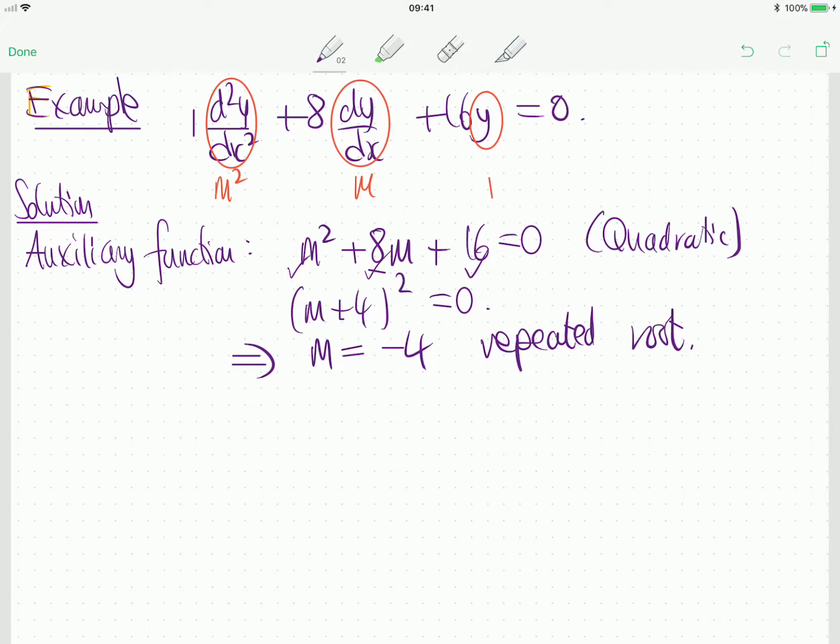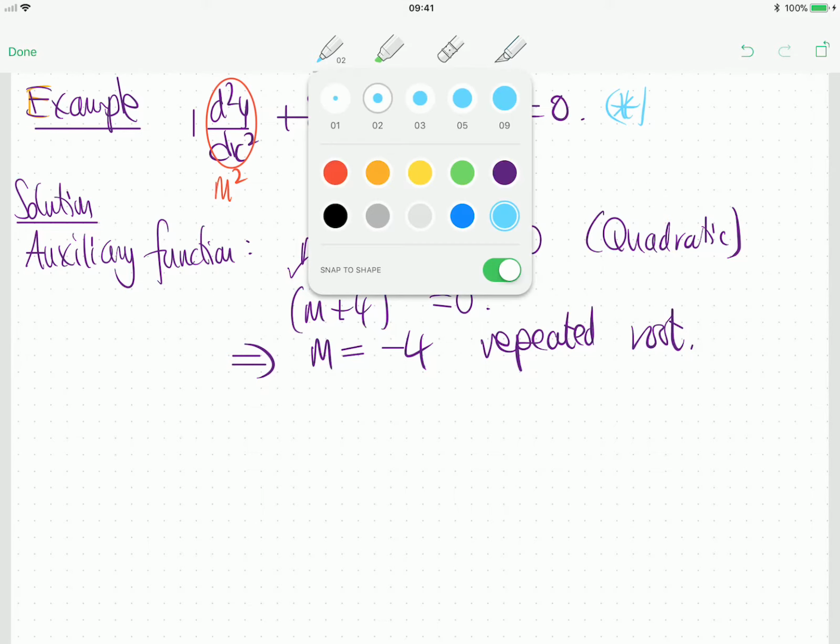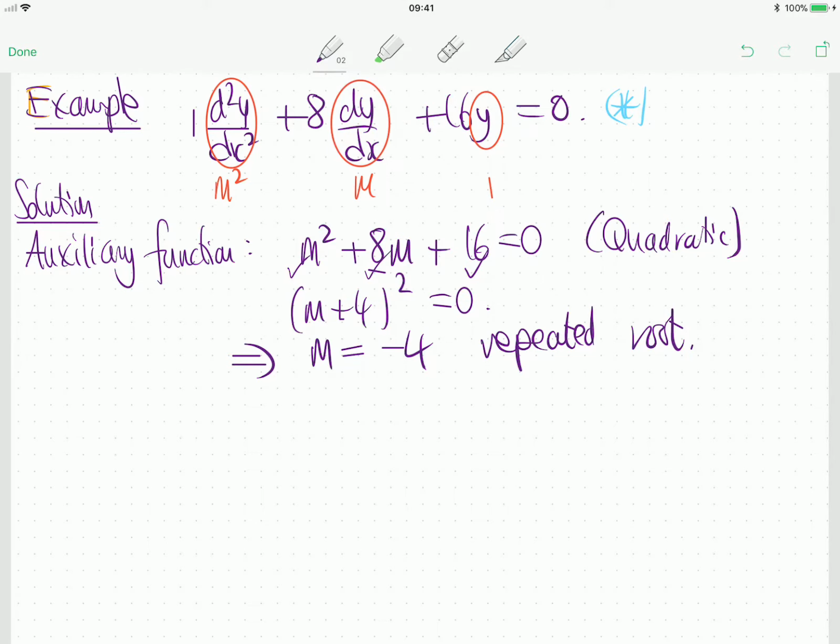Okay, so to find the solution of our differential equation, we need to know this particular case. If the auxiliary function has a repeated root, we need to know that the answer is going to be (ax plus b) e to the m1x, where m1 is the repeated root.